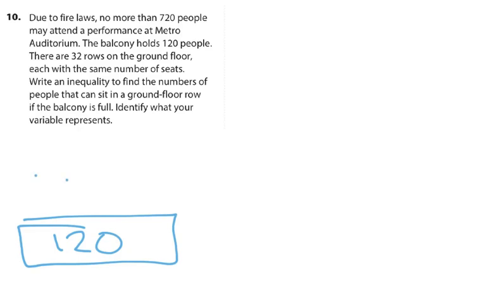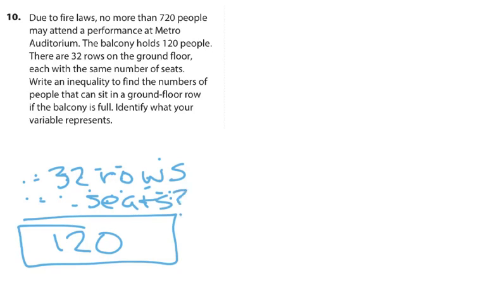And then there are these seats on the ground floor, and I know that there are 32 rows, but I'm not sure how many seats are in each row. And so I can reread this problem, and I know that I'm looking for the number of seats in one row, right? Or the number of seats in each row. So I'm going to put my variable as S equals seats in each row.